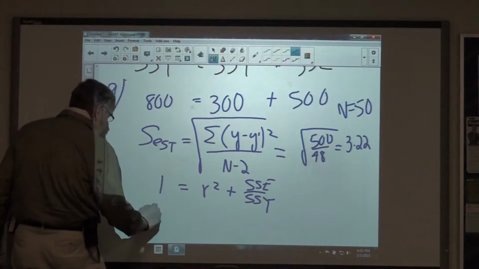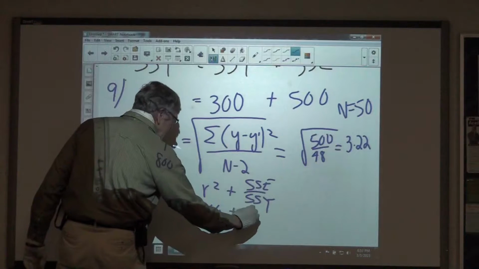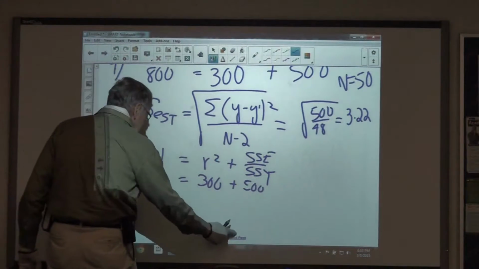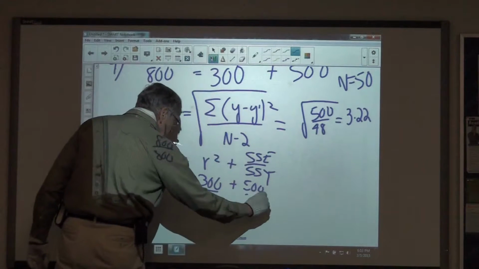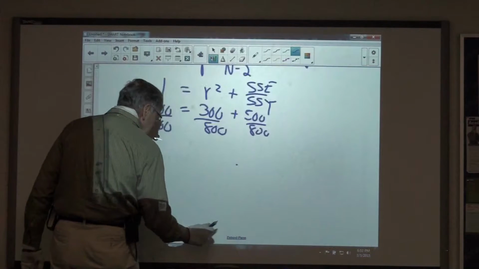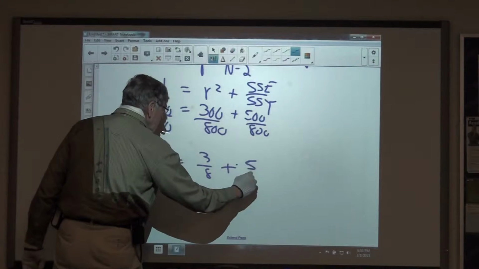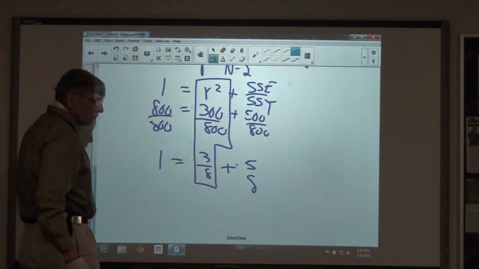The formula that you have is 800 equals 300 plus 500. So this is simply going to become that divided by 800, and 1 is equal to 3/8 plus 5/8. So this is clearly r squared, 3/8.